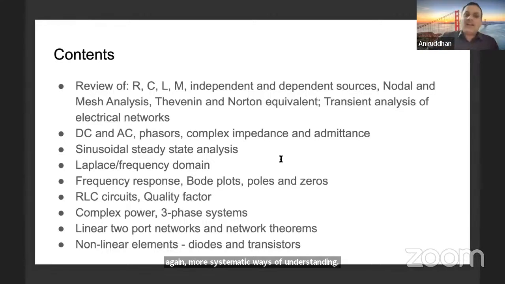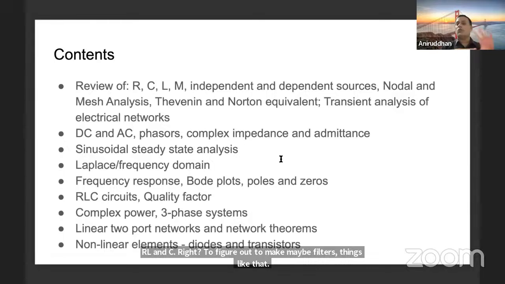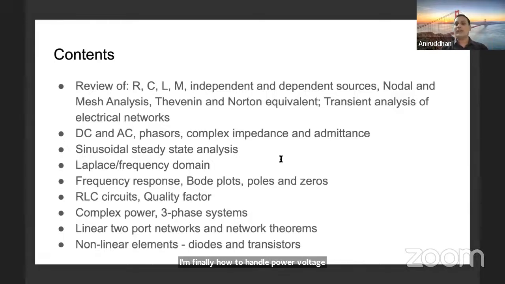Then more complicated circuits: last semester we learned R and C only, right? This semester we will see what happens if you put R, L, and C, to make maybe filters, things like that. And finally, how to handle power. Voltage and current is okay, but you also need to handle power, okay? And so we will handle electrical power with AC systems.